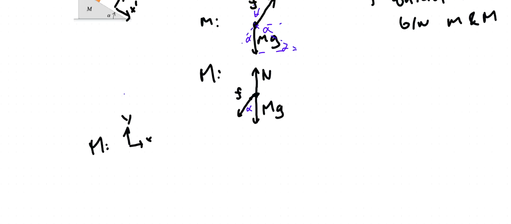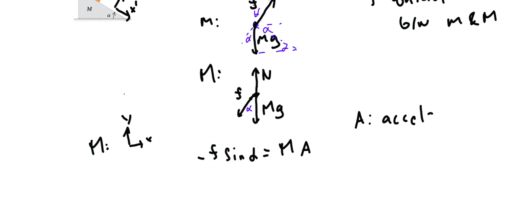In the horizontal direction, you have that minus F sine alpha is equal to M times A. A is an unknown that I just introduced, one of the unknowns we are looking for: the acceleration of M.